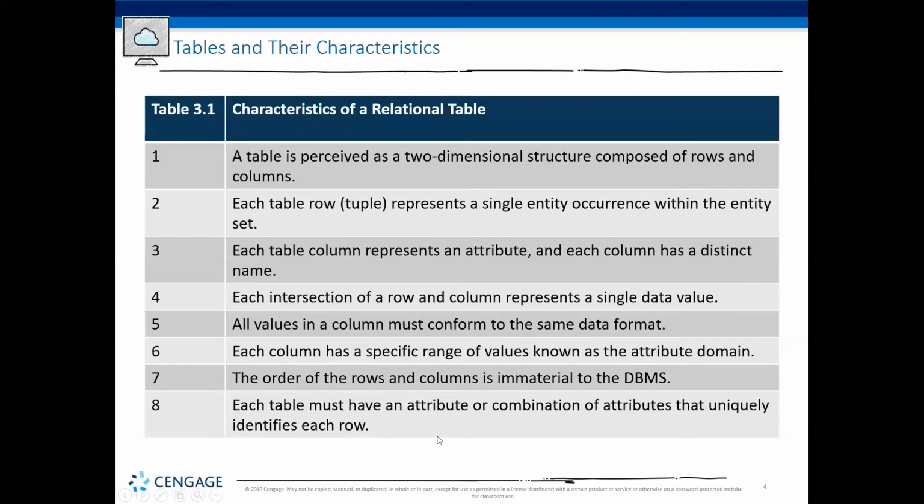And each table, they say must have, it's just really highly recommended that we have an attribute or combination of attributes that uniquely identify each row. So if I'm looking at a student table, I'm going to assign a unique student ID to every student. And that's going to be my unique data element that uniquely identifies each row.